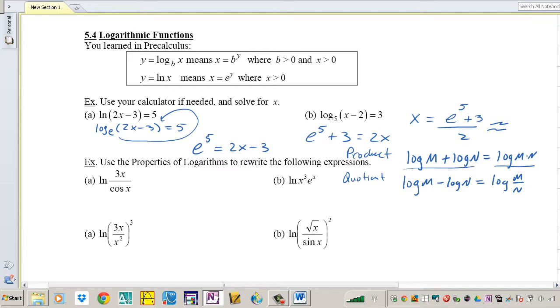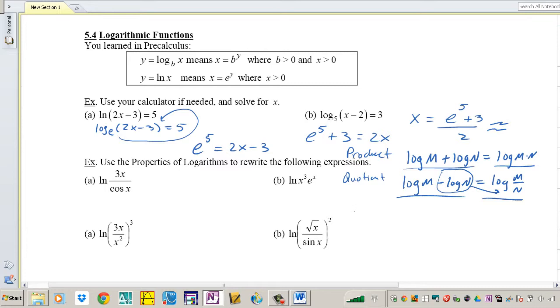So it says anytime we have a quotient, it can be expressed as a difference of logs with the arguments separated. How do you know which argument goes on top? Well, the negative log will go in the bottom, always.